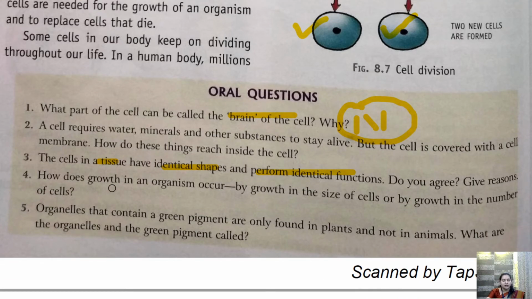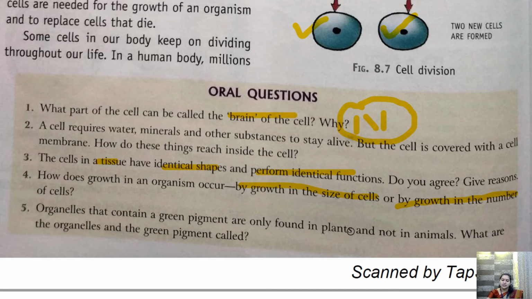Okay. Now coming on to question number 4. How does growth in an organism occur? By growth in the size of cell or by growth in the number of cells? Does the size of the cell keep increasing or does their number keep increasing? So what is size like? It is limited. Size will increase up to a time, after that size cannot increase.